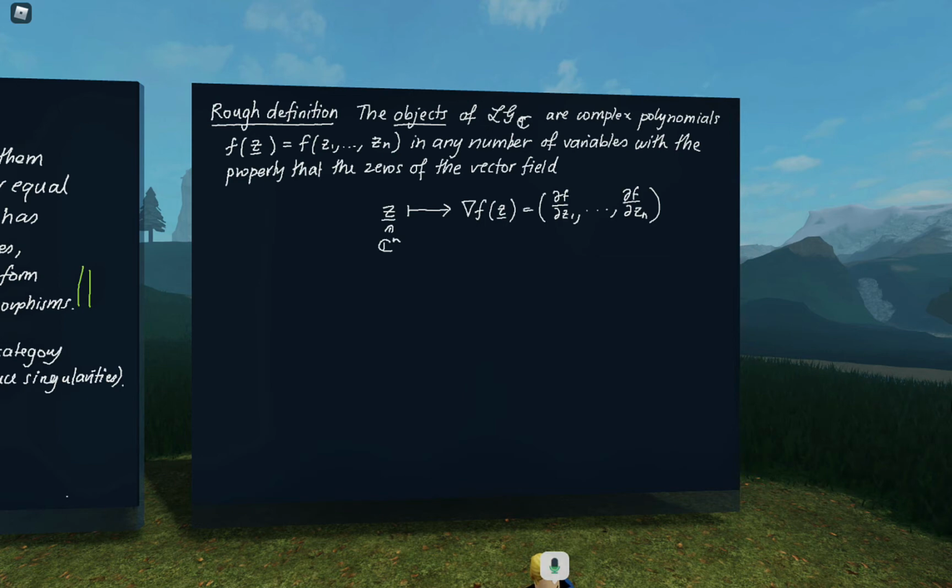The zeros of that vector field, that is the n tuples of complex numbers where all the partial derivatives vanish, that these are isolated. That is, they're individual points separated from every other such individual point by, say, open neighborhoods. That's it. Such polynomials are called potentials.